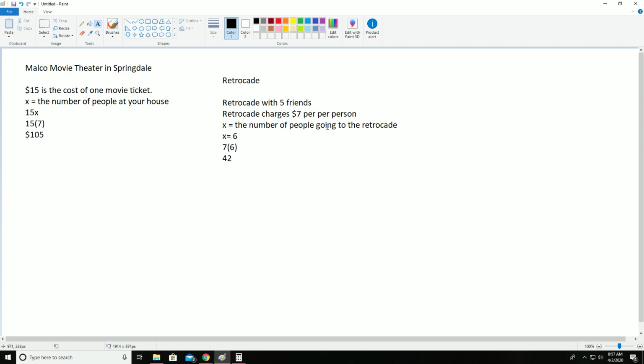When you turn your work in, I'm not going to search up the place that you put on the internet and say, oh, they were $1 off. It's not about whether the price matches the actual business. It's more about you applying how much something is going to cost if one costs 7, but you're going to take yourself and 5 friends. So just think about that.